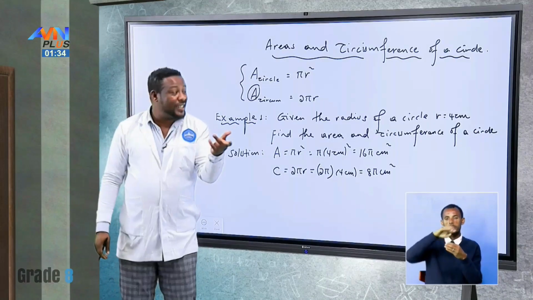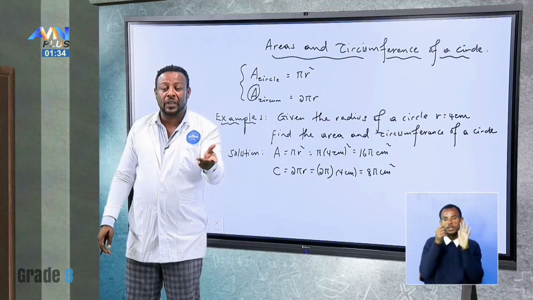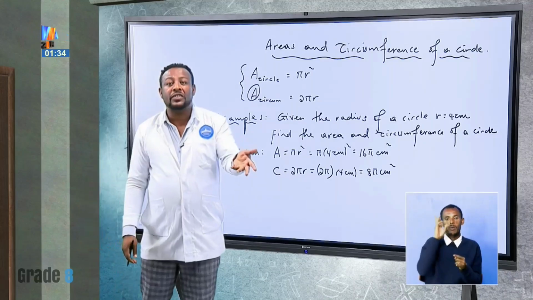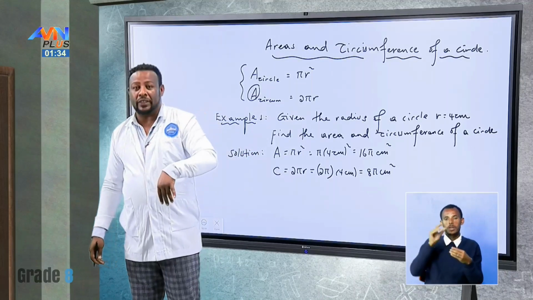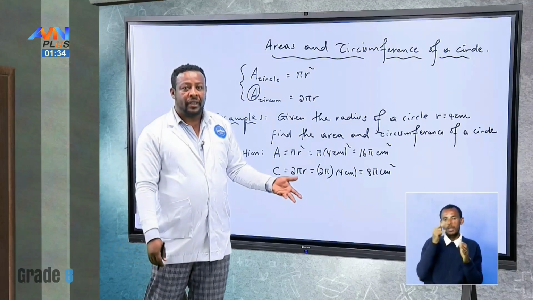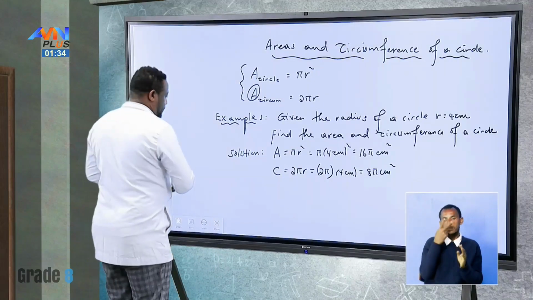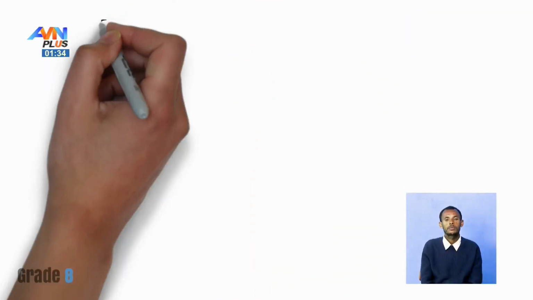Now let me change this example in a little bit different way. I will give you the circumference and you will calculate the radius and its area. So let's see the second example.